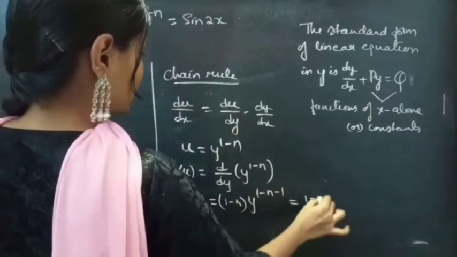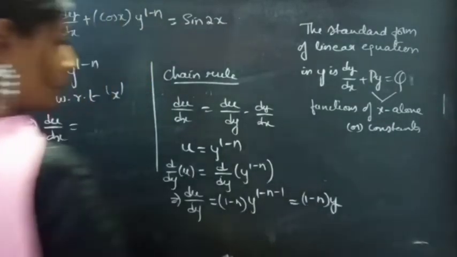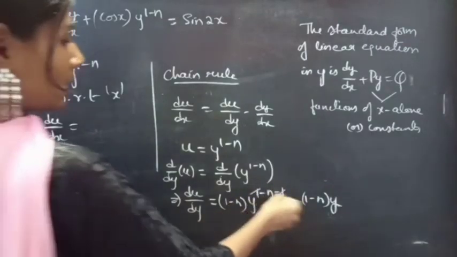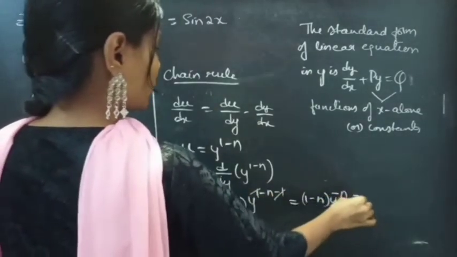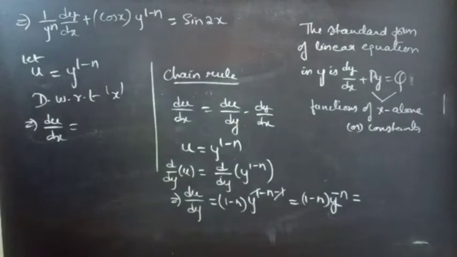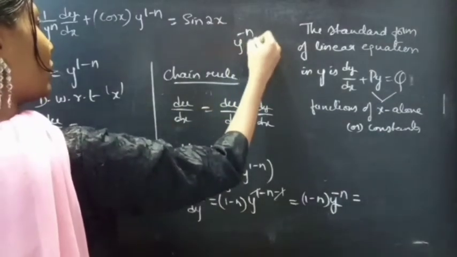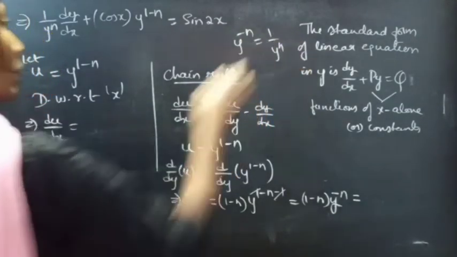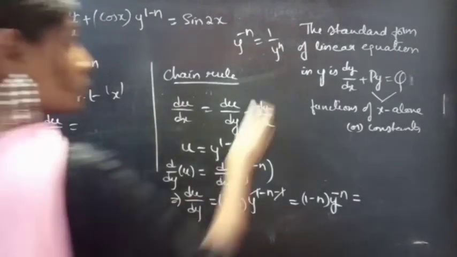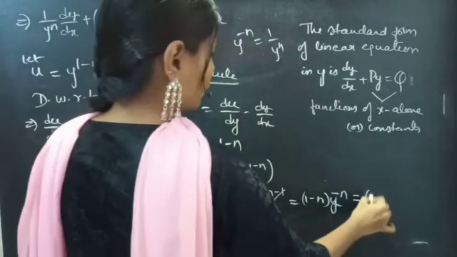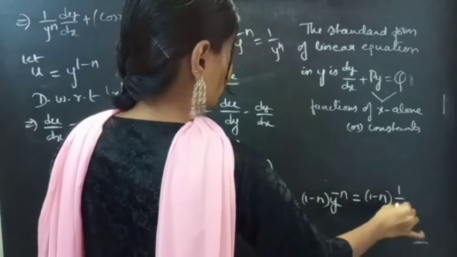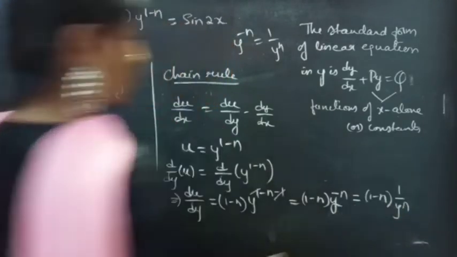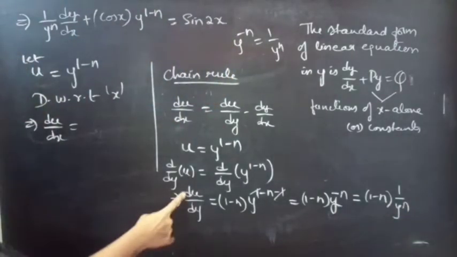Which equals 1 minus n into y power, here plus 1 minus 1 gets cancelled and you'll get y power minus 1. Again, you can write y power minus 1 as 1 by y power n, since y power minus n equals the reciprocal of y power n. Then you'll get 1 minus n into 1 by y power n, right?